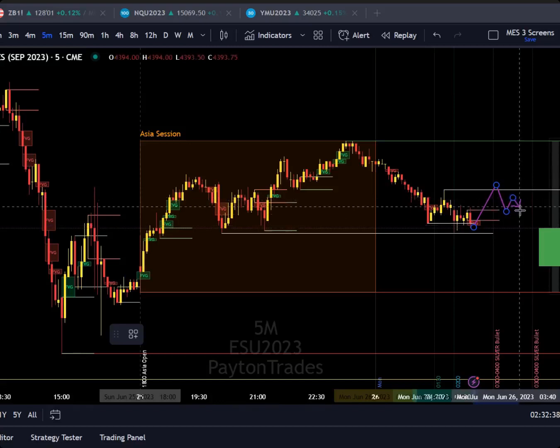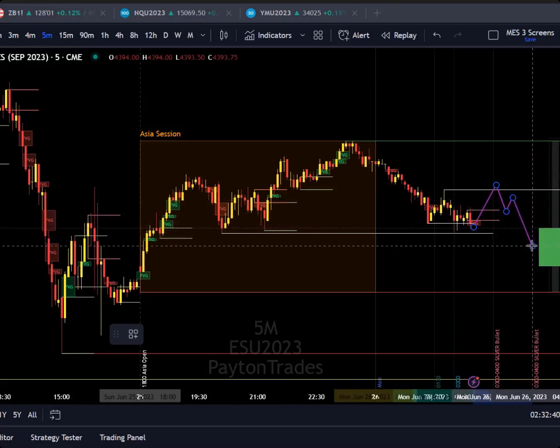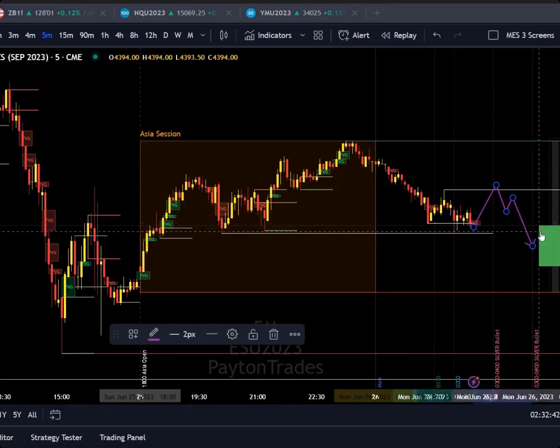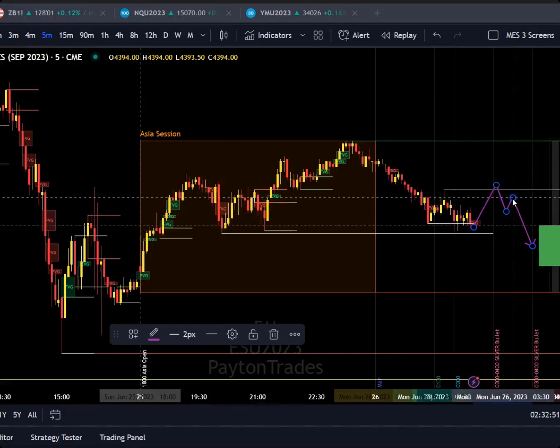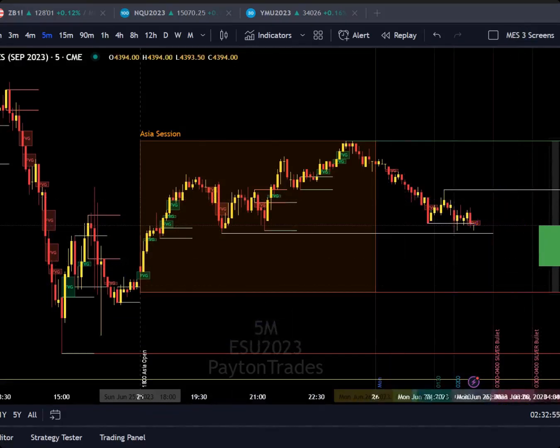That's when I enter for price to come down and break these lows. So I'll trade from a fair value gap down to these lows the price wants to break. But I don't see it happening right now. I don't see a setup, so I'm watching price. But that's part of being disciplined.